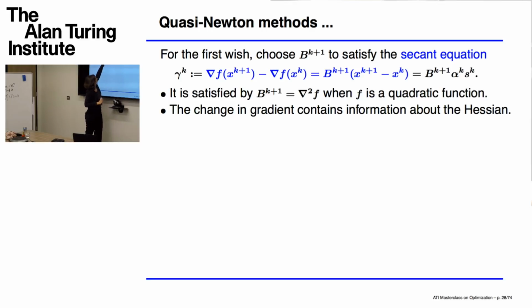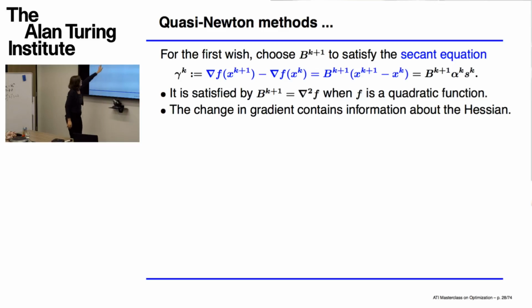If I divide it by this, and if these points were close together, this would be a clear approximation of my Hessian, right? The Hessian is nothing but the infinitesimally small changes in gradient. But here it's not quite like that because these points could be further apart. However, this property is always true if the function was quadratic and if B_k was my Hessian. So I'm trying to mimic a local Taylor model.